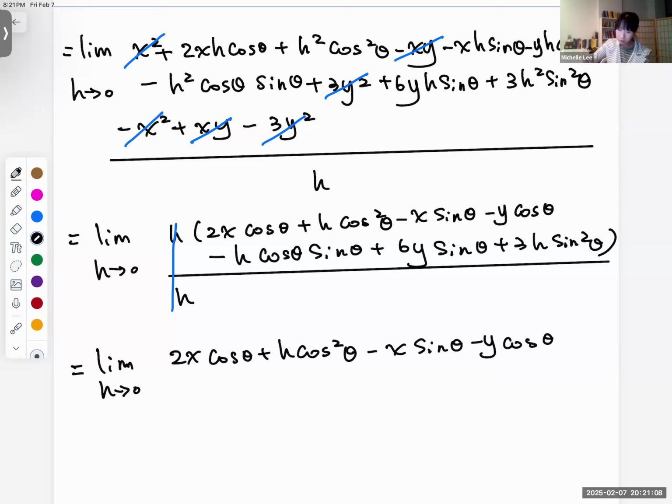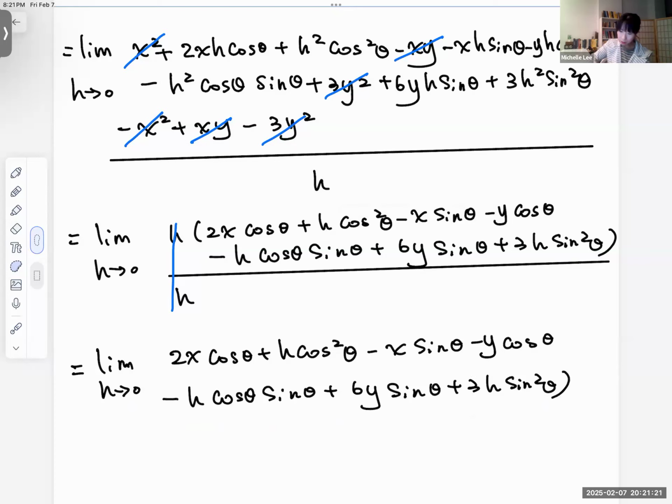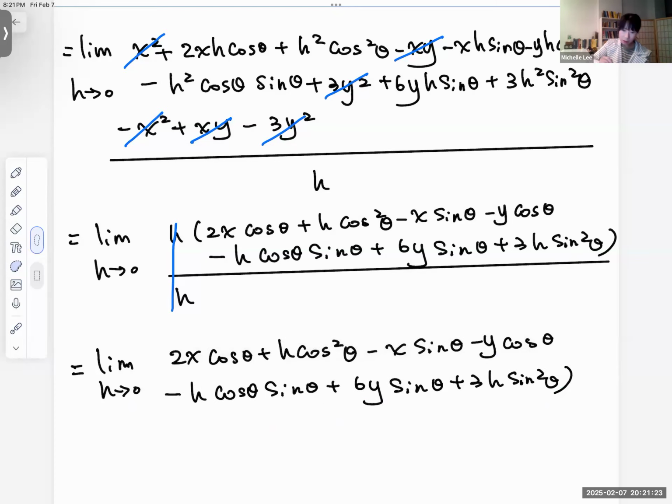Man, I cannot write down in one row, so I'm gonna just copy them. Copy, paste. So we don't have a fraction. This is just one line, right?